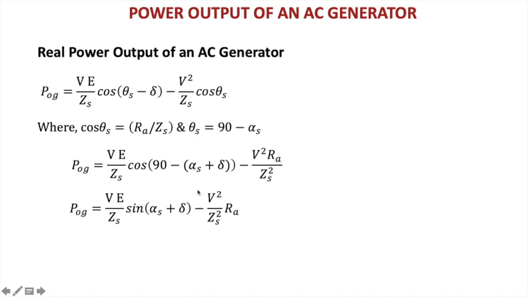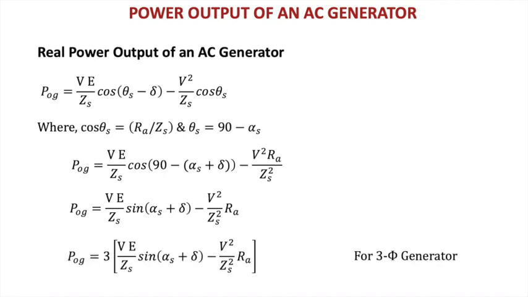So this is the expression we are getting for the output power, or real output power, of the AC generator. Now this is the per phase quantity. So for the 3-phase generator, we multiply the whole expression by 3, and that will be the total real output of the given AC generator.